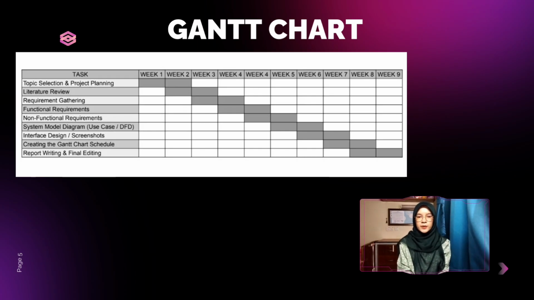The Gantt chart schedule was finalized in week 8, ensuring all tasks were properly aligned. Finally, report writing and final editing were completed in week 8 and week 9 to prepare for submission. Overall, this Gantt chart helped us manage time efficiently and ensure that each project phase is completed systematically.